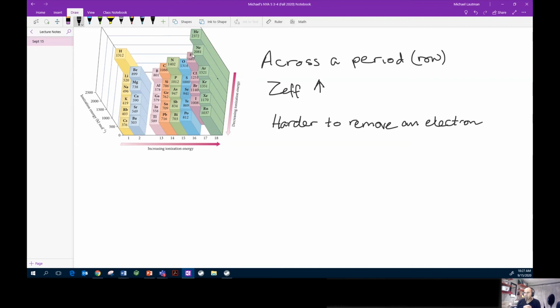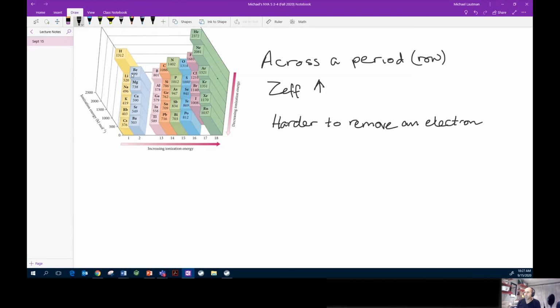Now, it's not fully the case. We see it gets more endothermic, but it does jump around a little bit. One of the cases that's a little bit complicated is here. You see there's always this kind of jump, let's say from beryllium to boron.